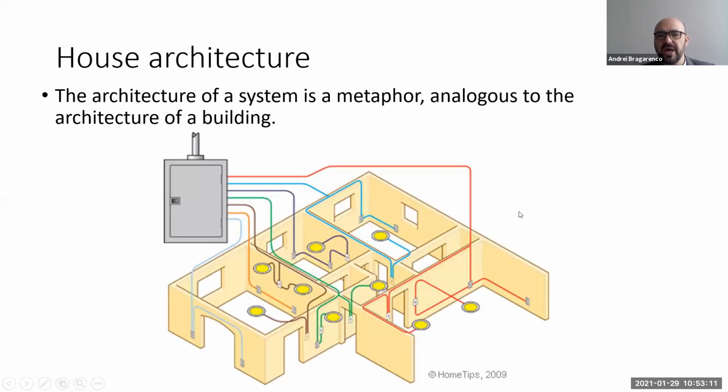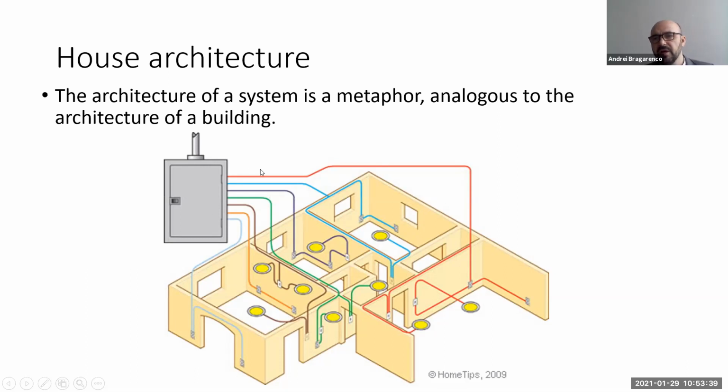When we have a building, or let's say this is a house, we can see the rooms here. We can see where the windows are. That means we have the general architecture. After that, we have some design: the lighting, the switching, everything, and we have a system architect.